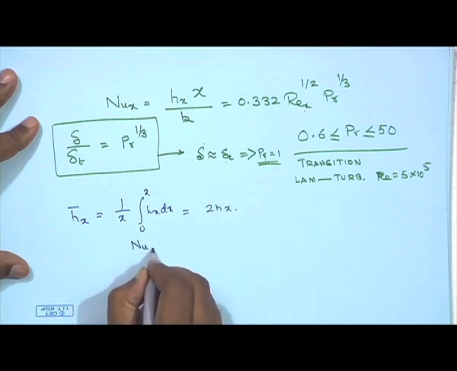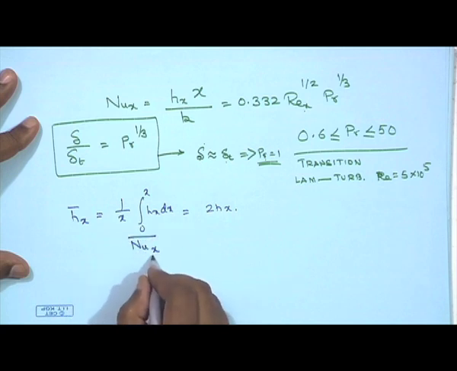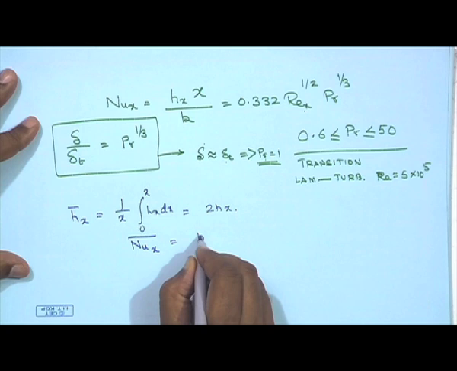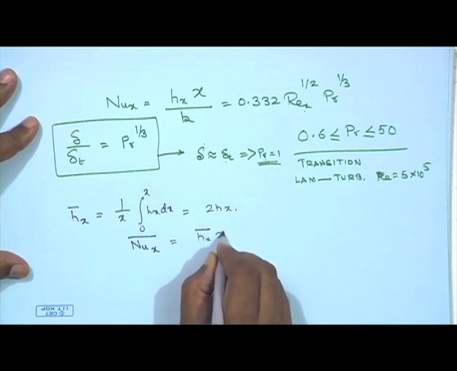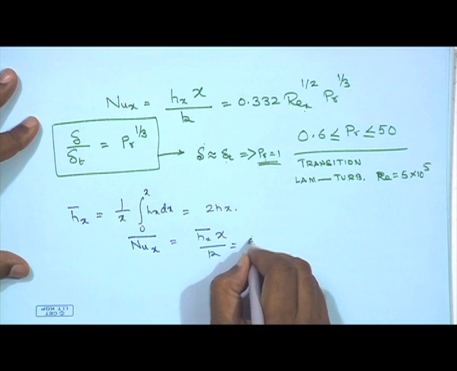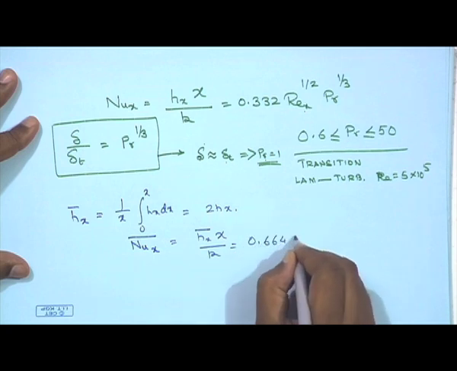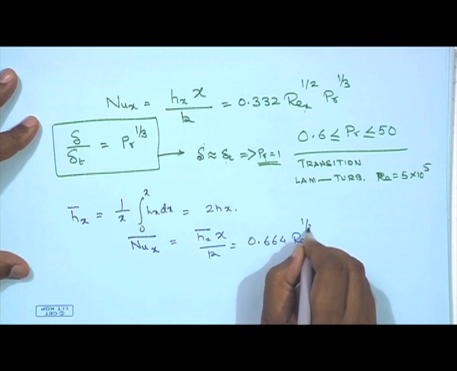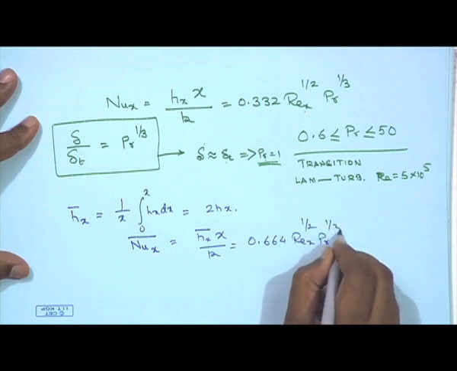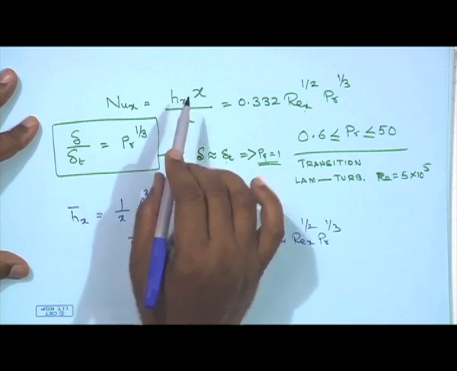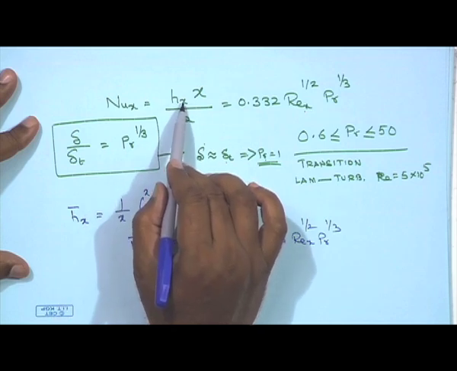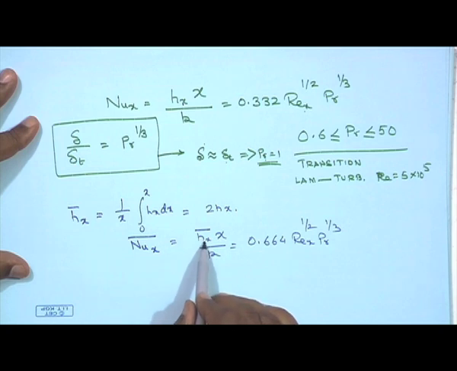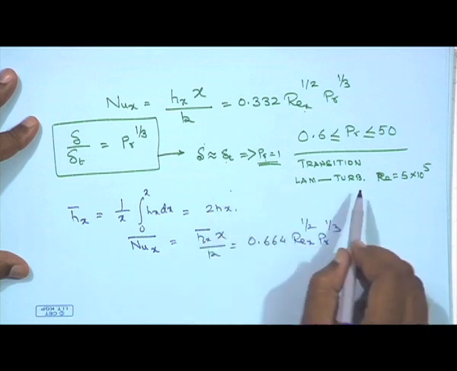So, the Nusselt number average value over the entire x, Hx average times x by k, is equal to 0.664 Rex to the power half Prandtl to the power half. So, this value of Hx is the local value of the heat transfer coefficient. This H bar x is the average value of heat transfer coefficient from 0 to x.